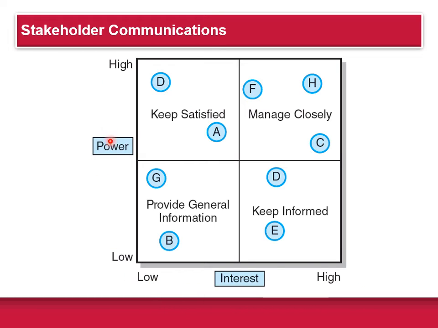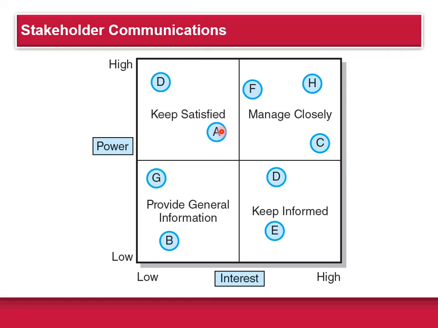And on the vertical axis is power. The low would be very low level workers, where high would be upper level management. So here you categorize individual stakeholders. Here you have stakeholders listed like A, B, C, D, E, F, G, and H. You've got all these different stakeholders, and you put them in their respective categories.